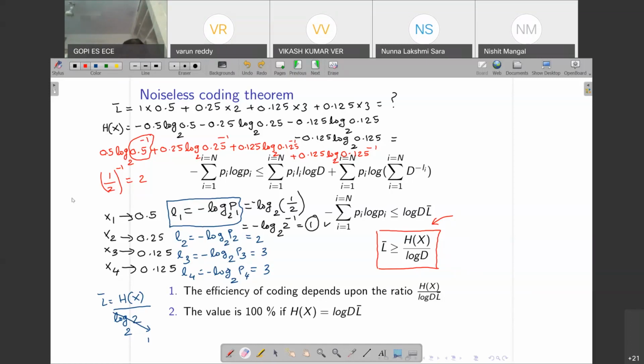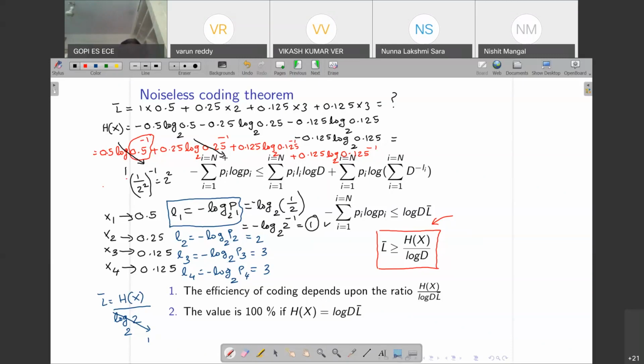So in that case, efficiency, you know that efficiency is h of x by L bar times log, and h of x is exactly equal to L bar, so you are getting 1. Means 100% efficiency is what you are actually getting, right?